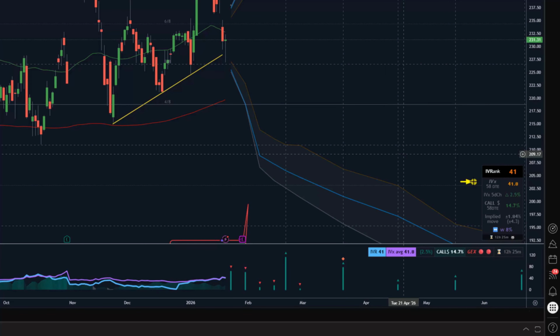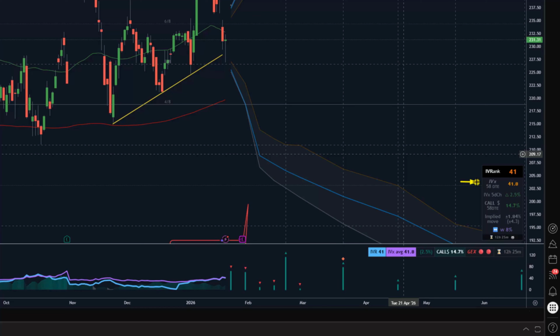Now let's talk about the IVX in this panel. IVX is the implied volatility index, calculated in a similar way to how the VIX is calculated for SPX. Just like the CBOE uses SPX options to measure market volatility, IVX uses options pricing to estimate expected volatility for each underlying. But instead of a single market index like VIX, IVX is calculated per symbol and per expiration cycle.